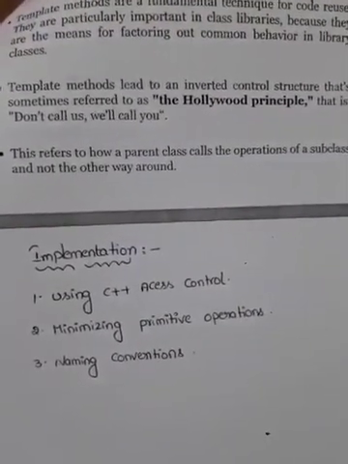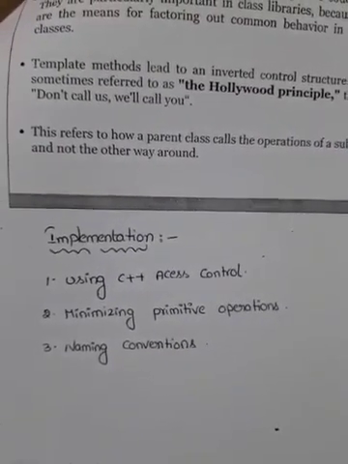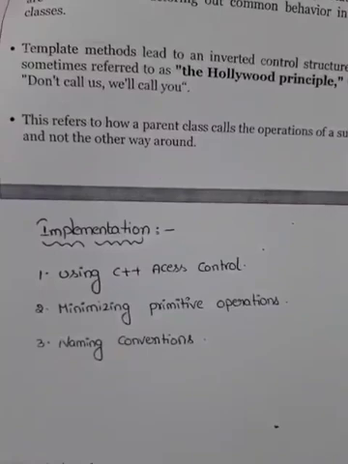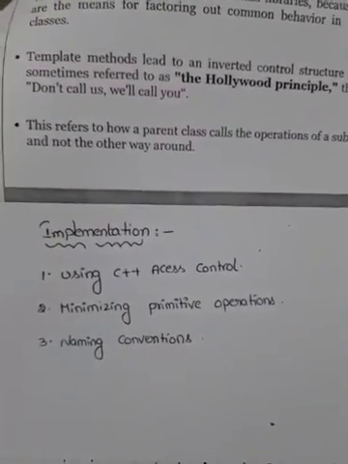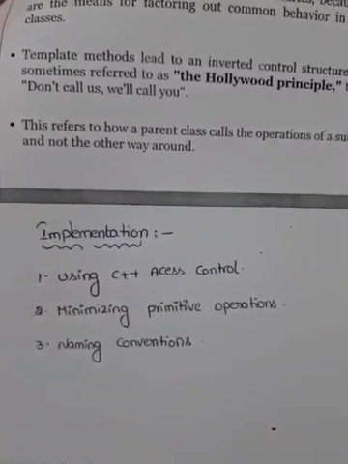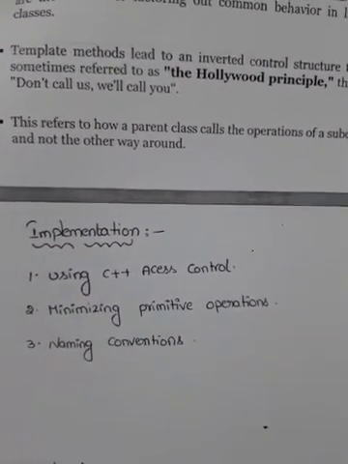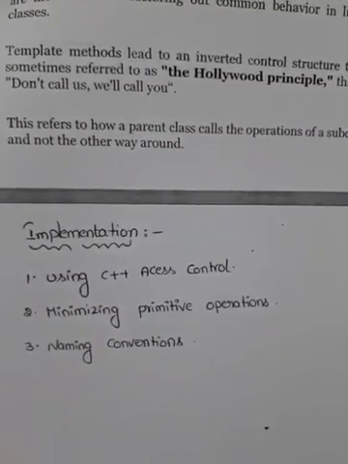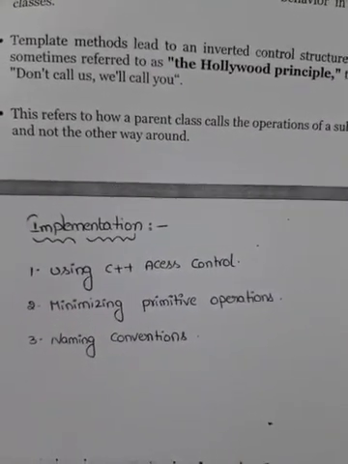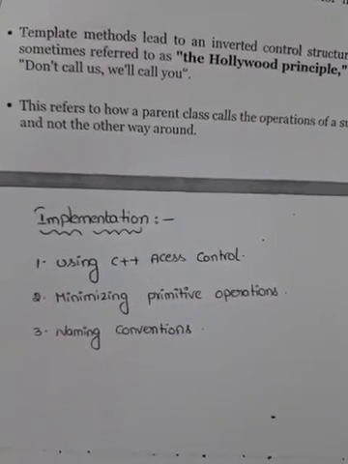In C++, the primitive operations that a template method calls can be declared as protected members. This ensures that they are only called by the template method. The primitive operations that must be overridden are declared pure virtual, and the template method itself should not be overridden. Therefore, you can make the template method a non-virtual member function.